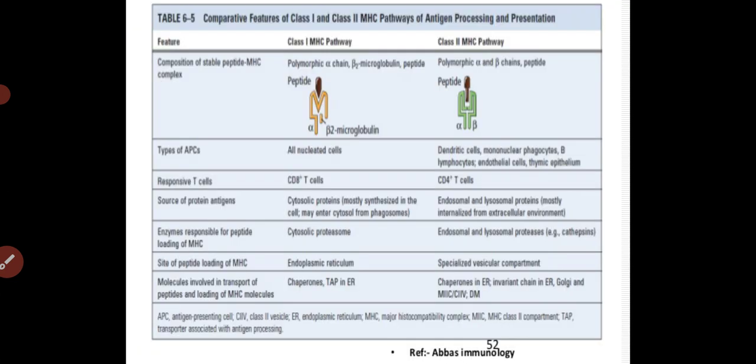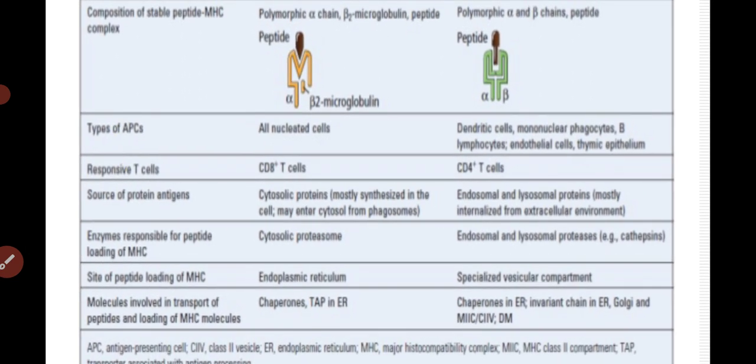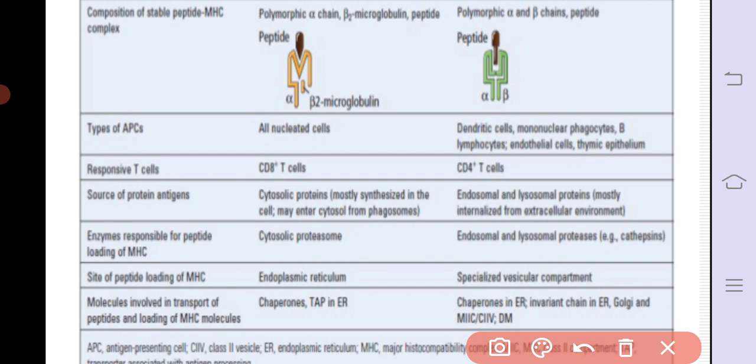In this image, some differentiating characteristics of MHC class I molecule and MHC class II molecule for antigen presentation are listed. The first feature is the composition of a stable peptide-MHC complex.